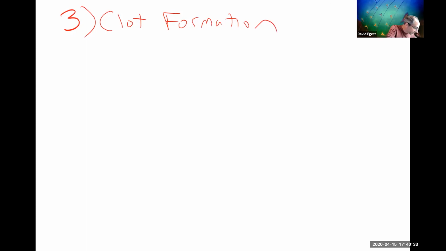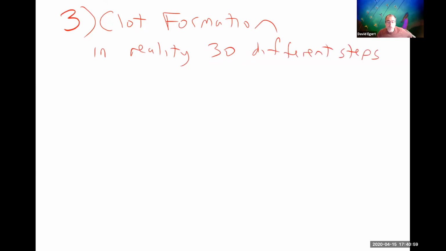Let me make sure I can tell you exactly how many steps. 30 different steps. So in reality, it uses all sorts of different plasma proteins, but we're just going to put it in a nutshell.